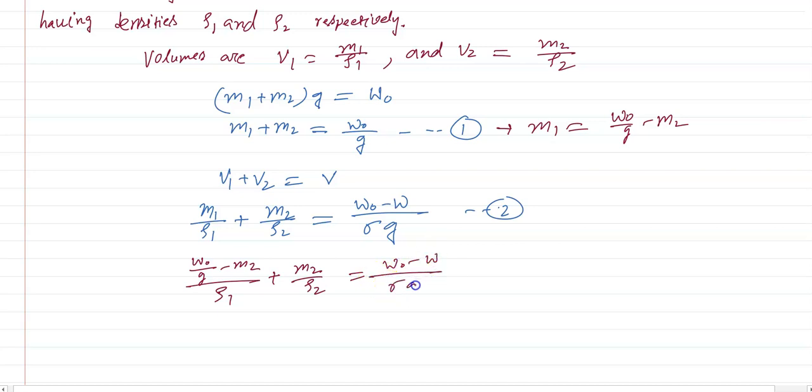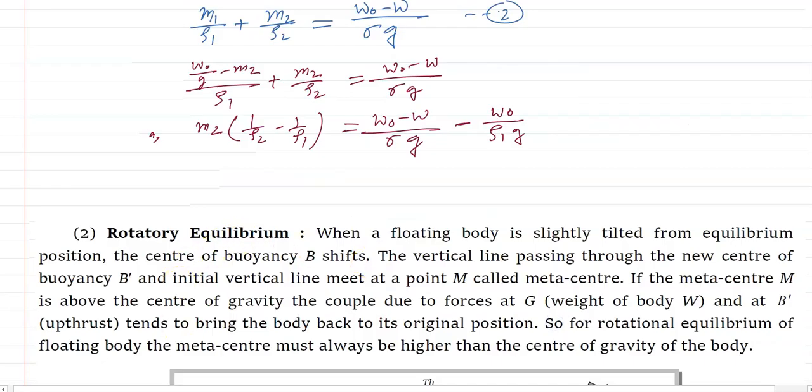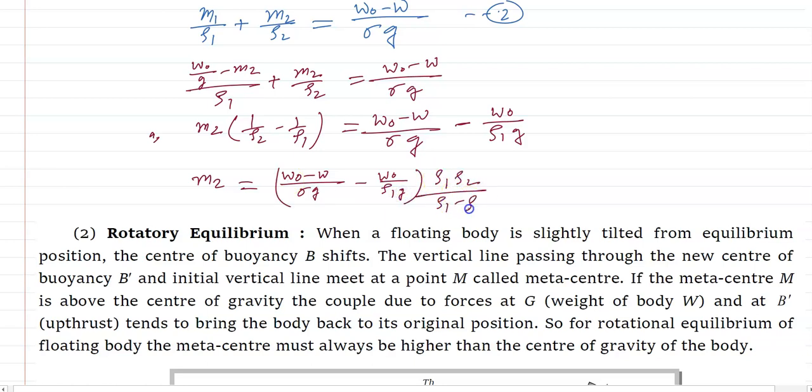W naught by G minus M2 by rho 1 plus M2 by rho 2 equals W naught minus W by sigma G, or M2 into (1 by rho 2 minus 1 by rho 1) equals W naught minus W by sigma G minus W naught by rho 1 G. Then M2 is calculated as (W naught minus W by sigma G minus W naught by rho 1 G) into rho 1 rho 2 by (rho 1 minus rho 2).